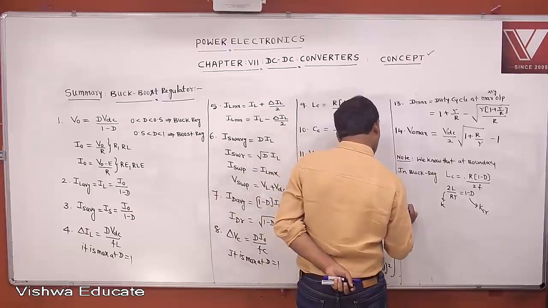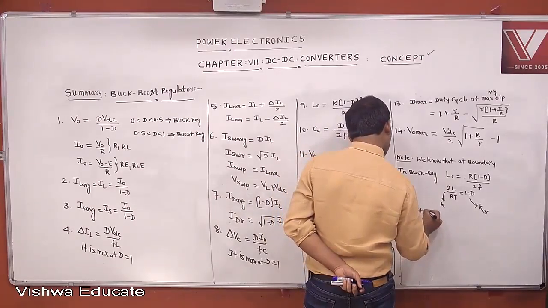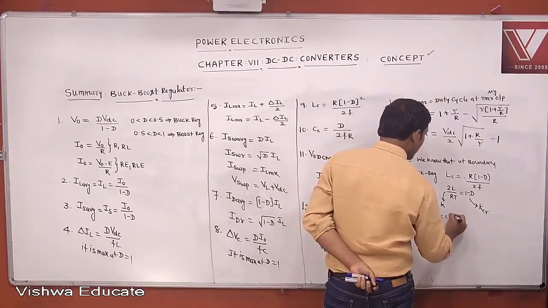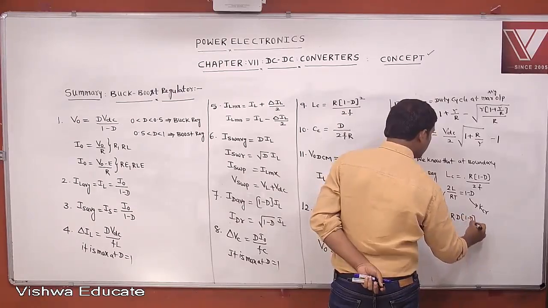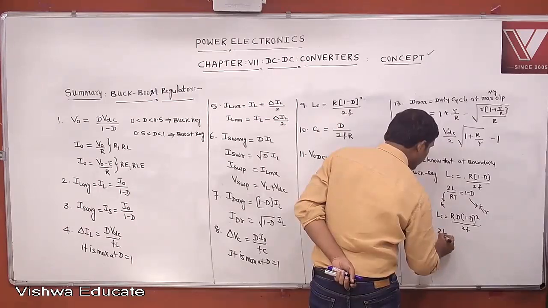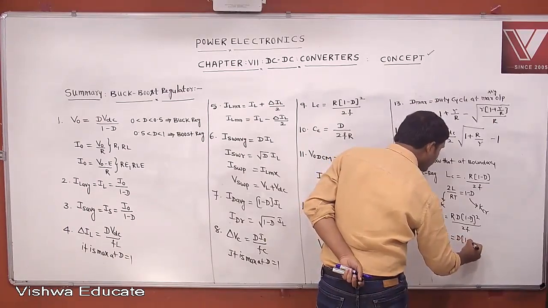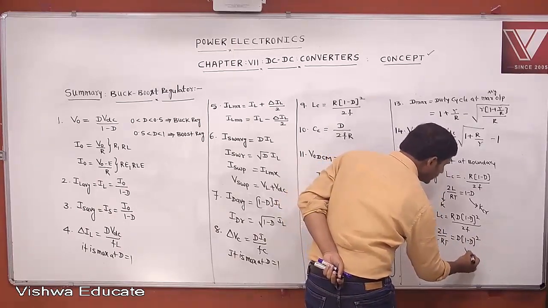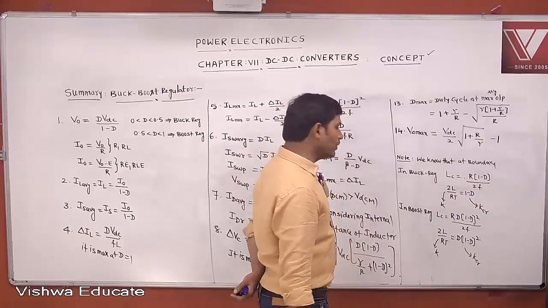In boost regulator, what is LC equal to? R into D into (1 minus D) whole square by 2F. So 2L by RT equals D into (1 minus D) whole square. We assume that this is K and this is KCR, just some constants we are assuming.